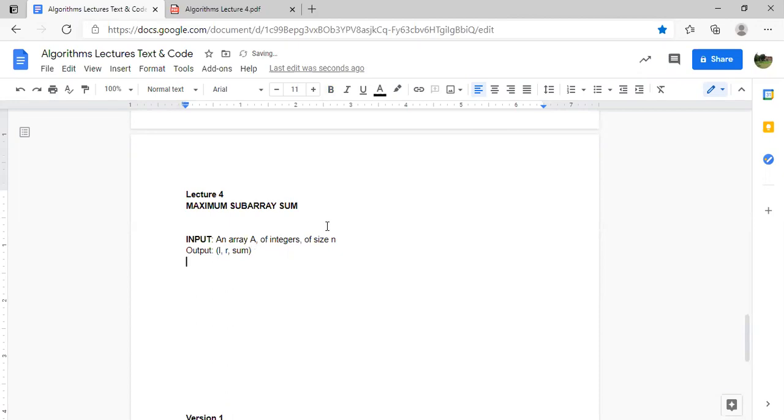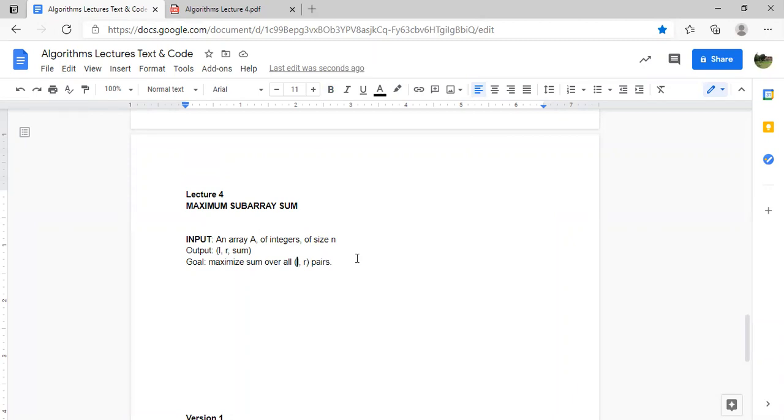Let me just write the such that part in the next line. The goal is that we maximize sum over all LR pairs, meaning that, so what is an LR pair? An LR pair is basically a starting index, ending index, meaning actually a sub array.